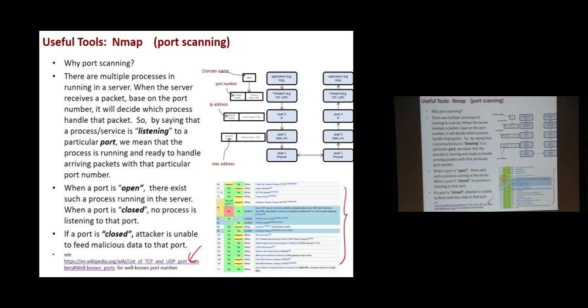And if he sees that this other particular port number is open, likely this is an email server. So this also provides useful information. But it may not be a web server, right?